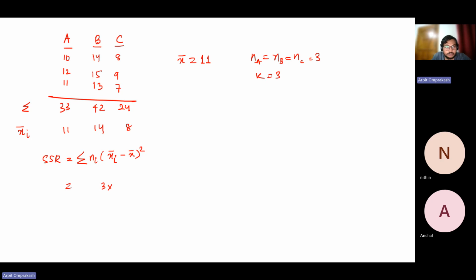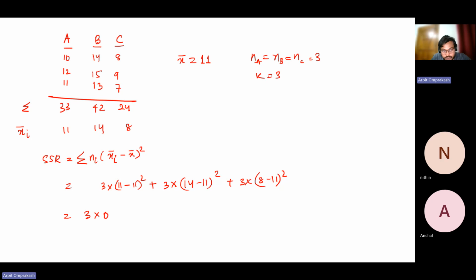So xi bar for group A is 11 minus the overall mean 11, plus 3 into (14 minus 11) whole square, plus 3 into (8 minus 11) whole square.